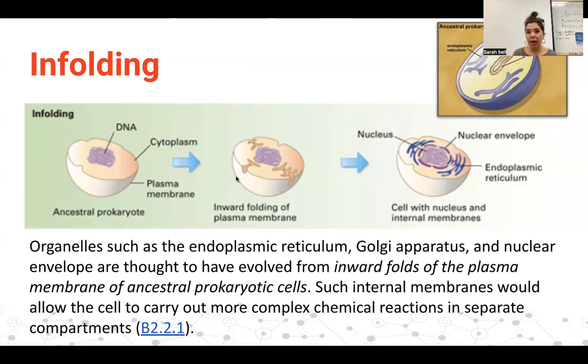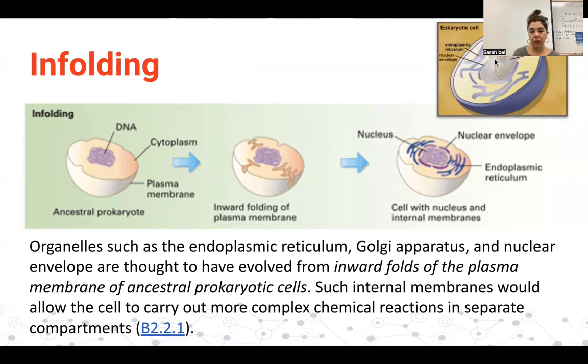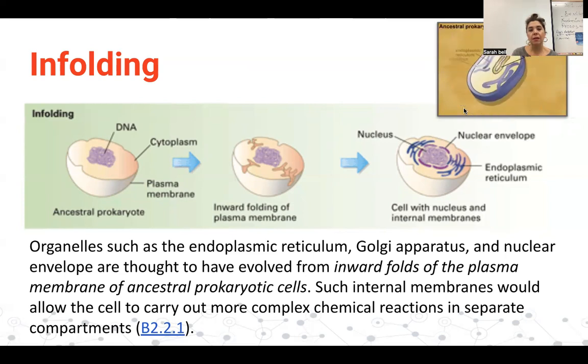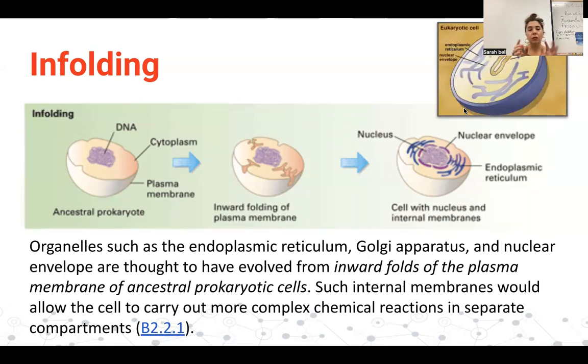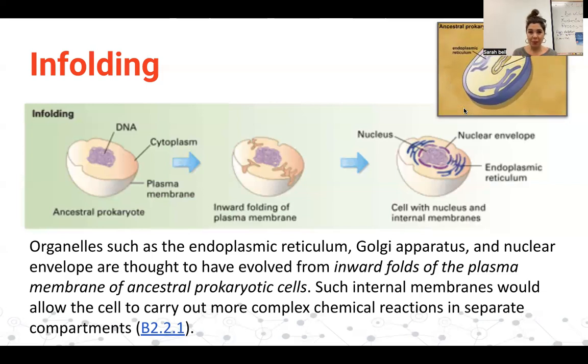From that, we think those infolds basically broke off and remained inside the cell, and over time developed different structures and functions of their own. For example, in this little GIF, we can see that the infolding of the cell membrane breaks off and joins together to form the nuclear membrane and starts to form those compartments that we have talked about.